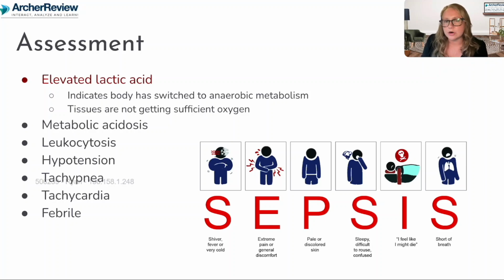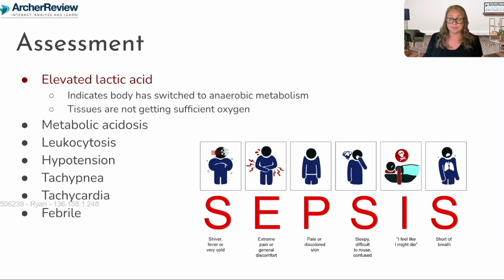What happens when our cells don't have oxygen? Remember, back from our shock lecture, they've got two choices: die, or switch to anaerobic metabolism. We're quite resilient, so our cells aren't just going to give up and die. They're going to switch to anaerobic metabolism, making energy without oxygen. Usually they need that oxygen for aerobic metabolism.